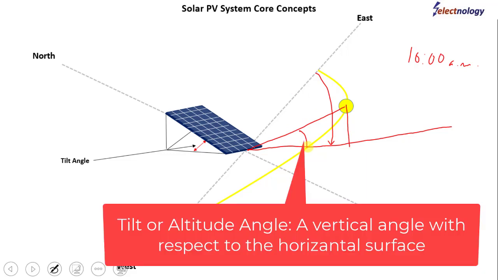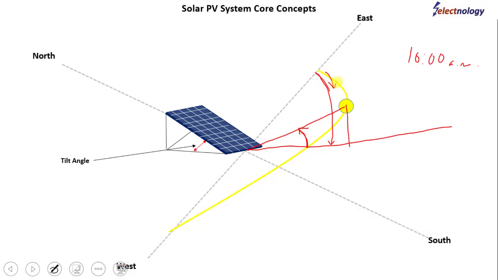So this angle is its angle with respect to the horizontal surface, and this angle is its horizontal projection angle with respect to the east.